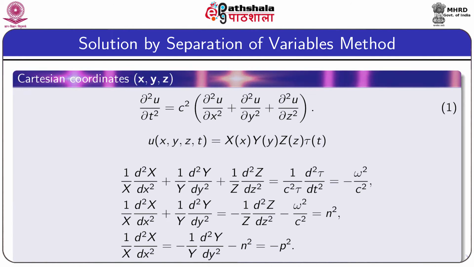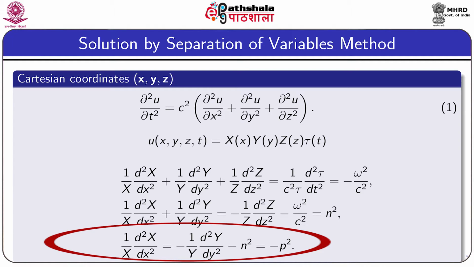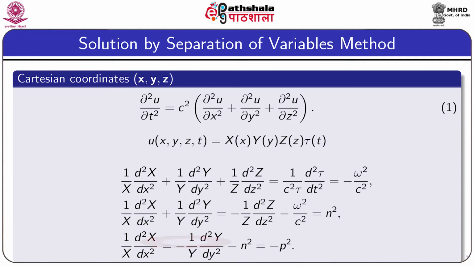We are assuming here the separation constant as n square. In the last line, we are separating the function of x and the function of y, which is written here: 1 by capital X d2X dx square equals minus 1 by Y d2Y dy square minus n square, and we are taking another separation constant as minus p square.